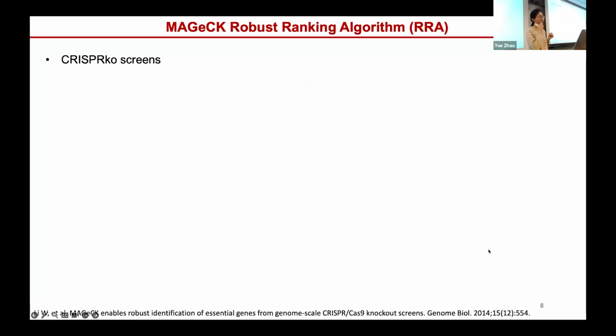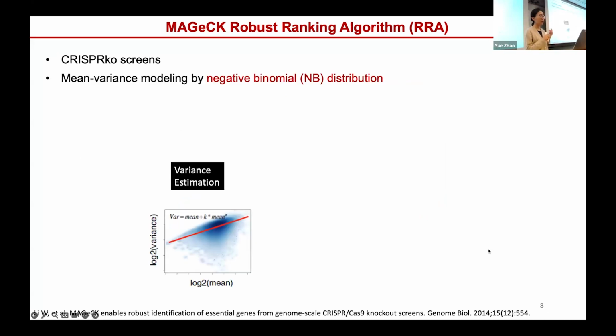And MAGeCK is the first method developed specifically for CRISPR screens. And it has two modes. I will first introduce the RRA mode, or the robust ranking algorithm mode. So in the MAGeCK RRA mode, the mean-variance relationship of the guide RNA reads is modeled by the negative binomial distribution.